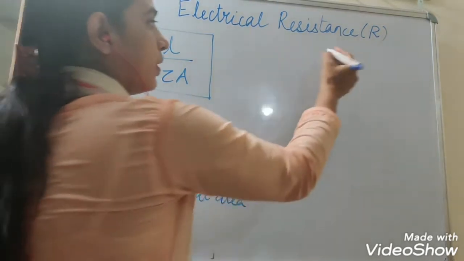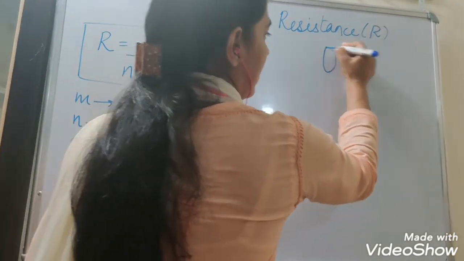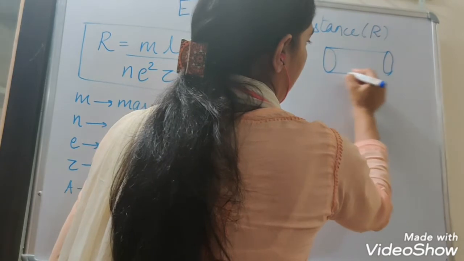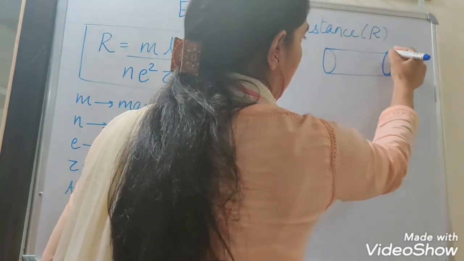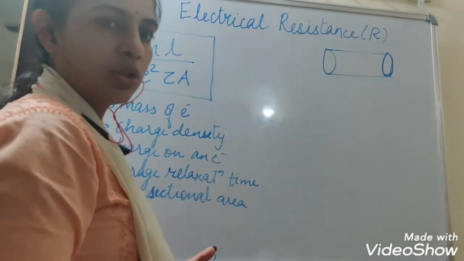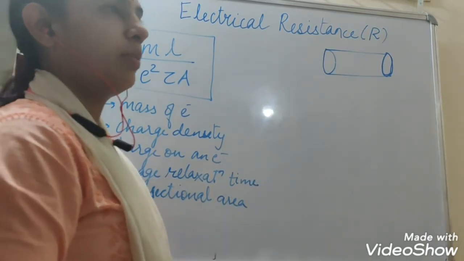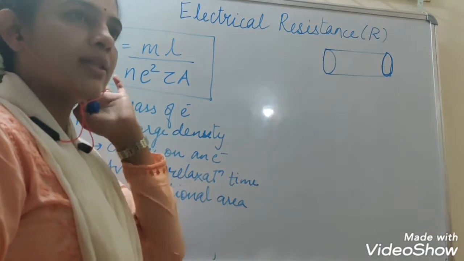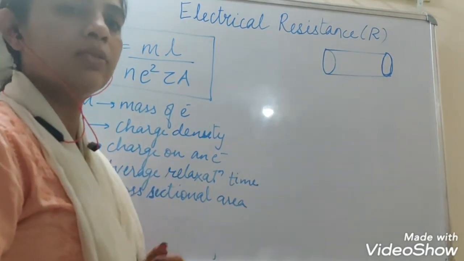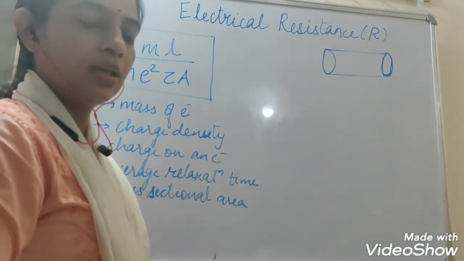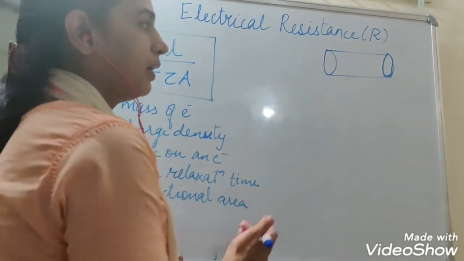Now consider, if you take any material, like copper, because copper is a good conductor, its resistance will be low. Like for making resistors, which materials do we use? Alloys like tungsten and nichrome and all.